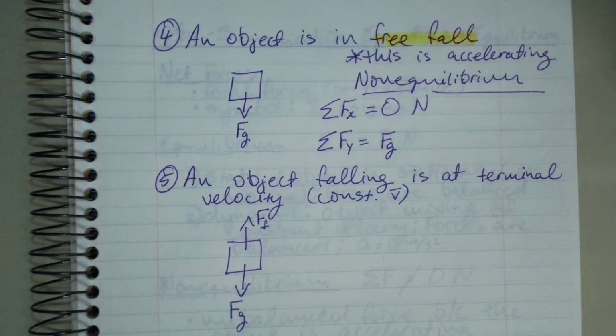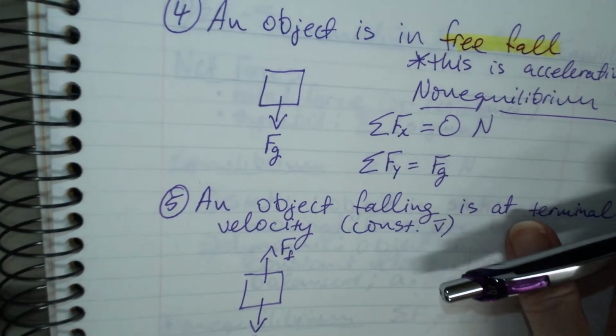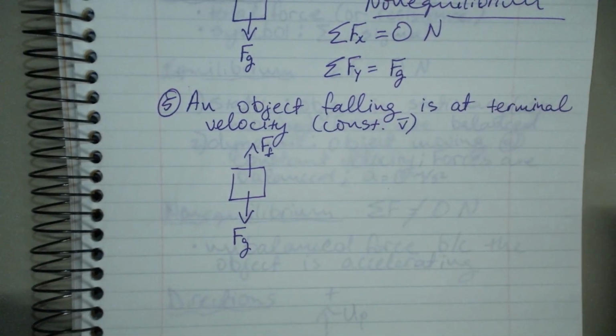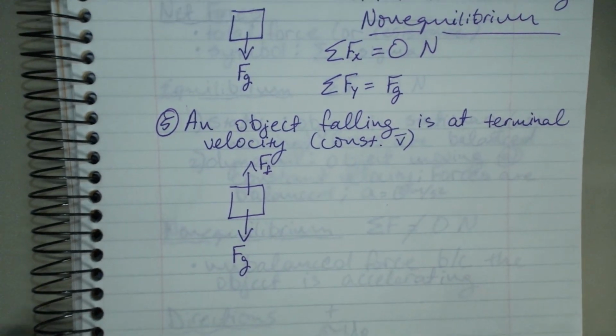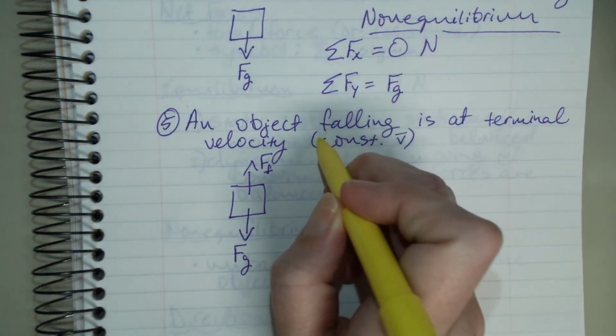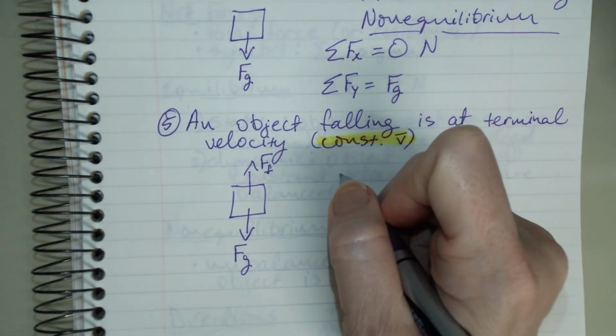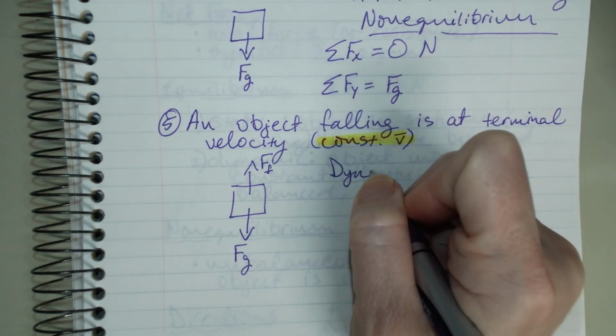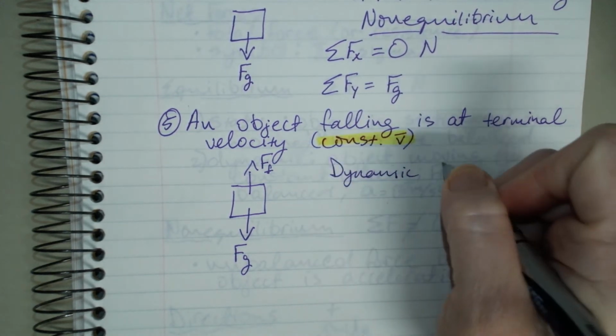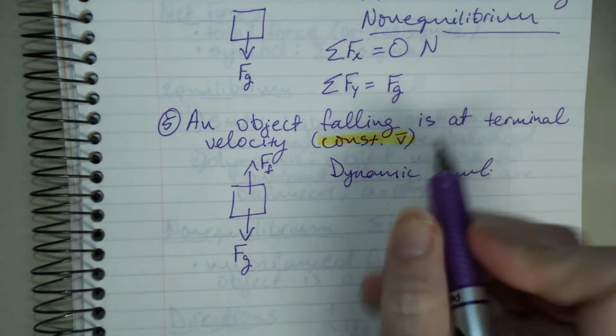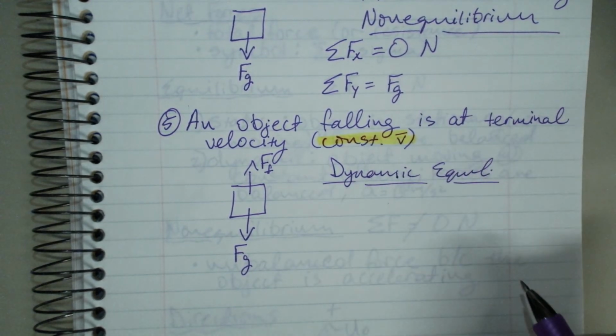Okay, last one. Now you have an object falling at terminal velocity. So again, look at that. Ooh, that means it's at constant velocity. So if it's at constant velocity, this is dynamic equilibrium. Okay? So it's in dynamic equilibrium.